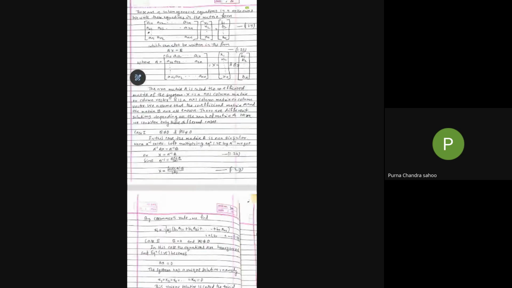So there are different solutions depending on the rank of the matrix A. So you can consider three different cases: B is not equal to 0, modulus of A is not equal to 0; then B is equal to 0, modulus of A is not equal to 0; then B is equal to 0, modulus of A is equal to 0. So in the first case, the matrix A is a non-singular one.